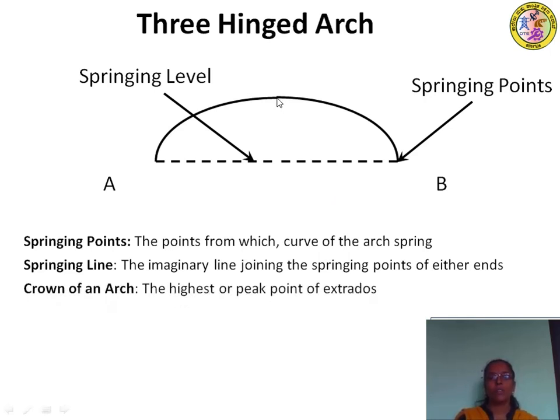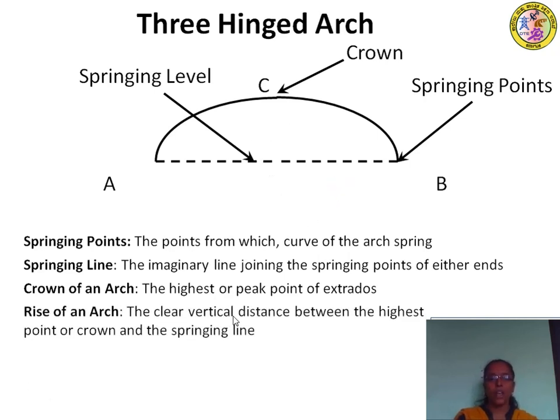This is the highest point. The highest or peak point on the rib of the arch is called the crown of the arch. Let us take it as C. So this is the highest point for this arch. Therefore, this is taken as the crown of the arch.